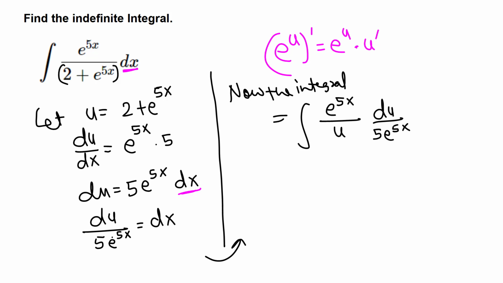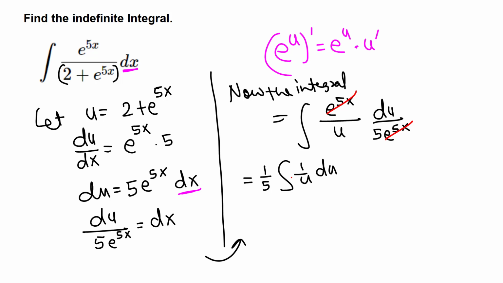Okay, dx equals this. Now hopefully all the x terms will cancel, and that should be the case, and we get some function of u and du. So e raised to 5x cancels from top and bottom. Just the 5, pull it all the way outside, that's on the bottom, so 1/5. And there is nothing else, meaning 1 over u du.